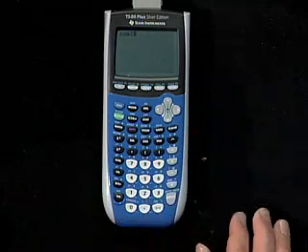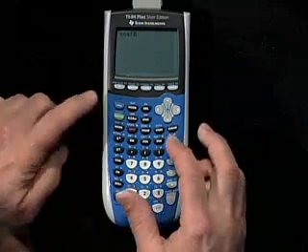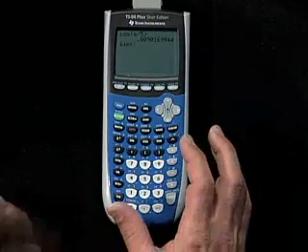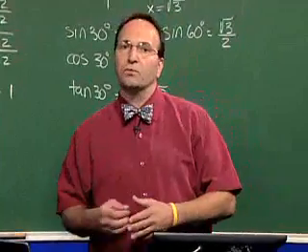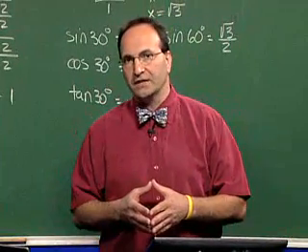So cosine, and then we put in pi divided by 5, close the parentheses, hit enter, and we get 0.8090, etc. Well, now let's do the sine of 3 pi, so 3 times pi divided by 10. Close the parentheses, hit enter, and lo and behold, we get 0.8090 continuing. So in fact, the calculator supports what we found using the cofunction identities.